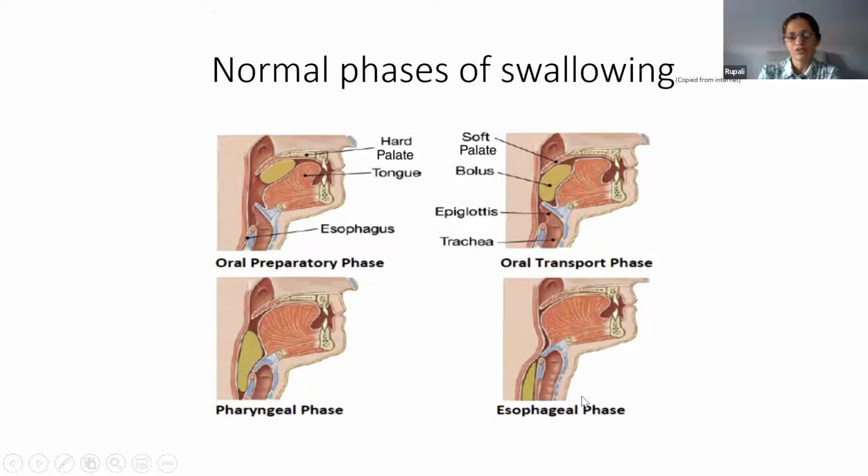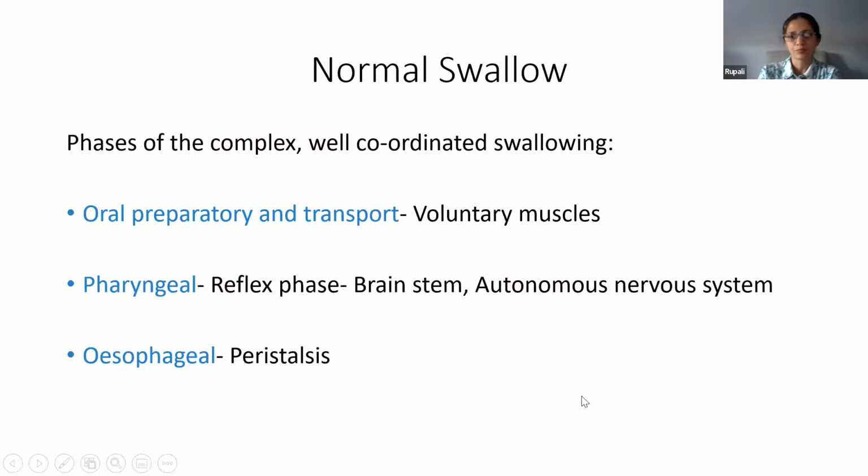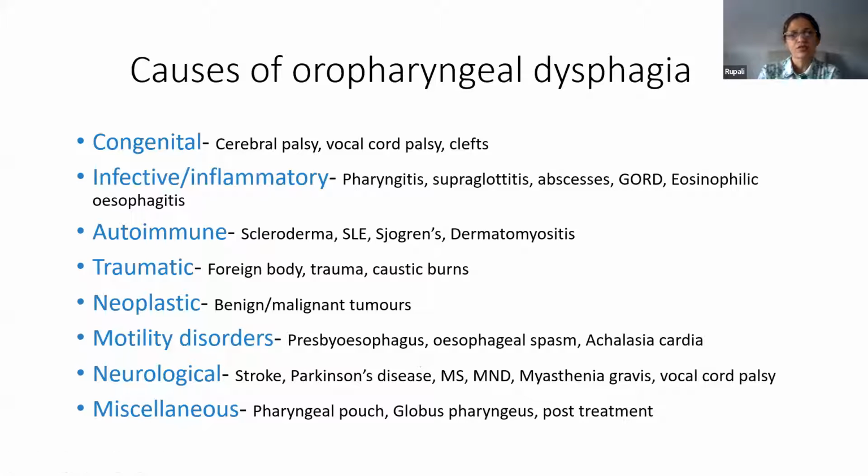All these movements need a lot of coordination. The oral phase is mainly controlled by voluntary muscles, the pharyngeal phase is mainly a reflex phase by the brainstem and autonomic nervous system, and the esophageal phase is peristalsis.